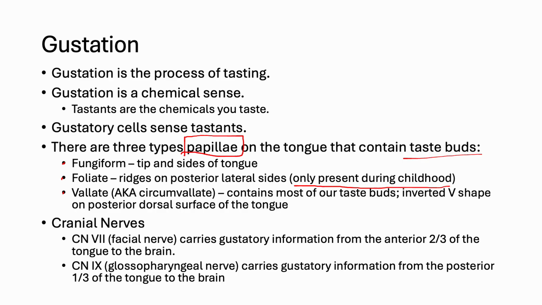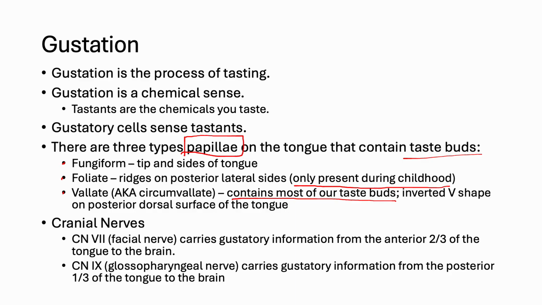We only find these present as infants and through childhood. So the majority of our taste buds are going to be found in these papillae called valate or circumvallate. These form a V shape on the posterior part of the tongue, sort of an inverted V. I'll show you a picture of that.